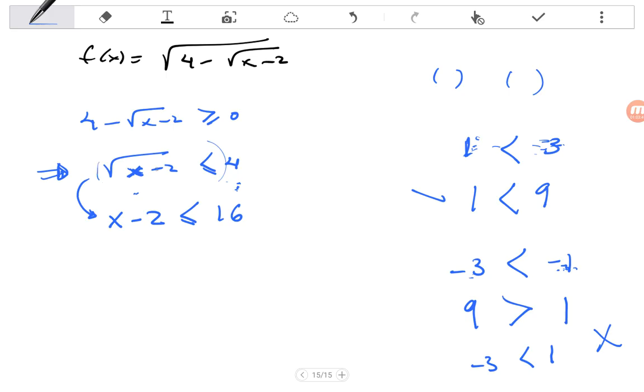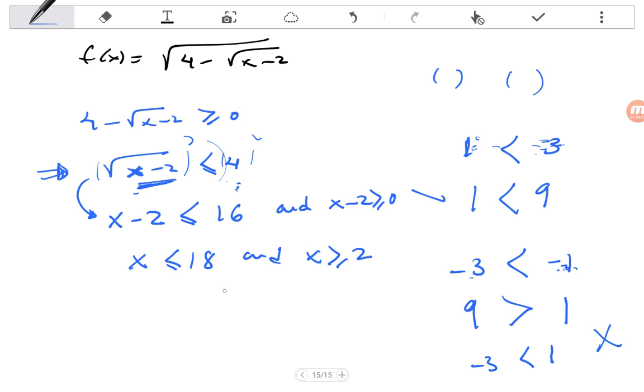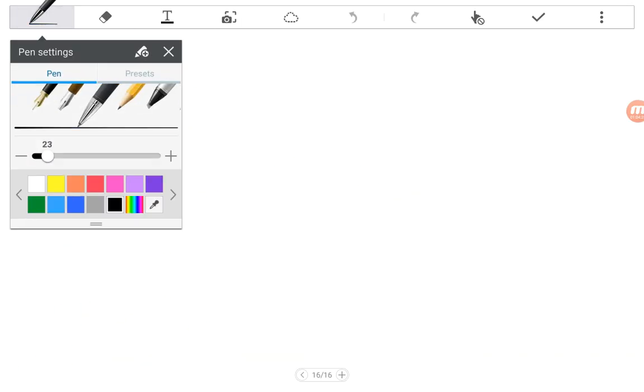When I made that simplification, which is squaring, I need to say that there is a restriction that was in the original problem, that x minus 2 must be greater than or equal to 0. I will solve this inequality, which will be x less than 18, and at the same time x greater than or equal to 2. So in that case, the solution will be 2 to 18. So that is for the absolute value function.